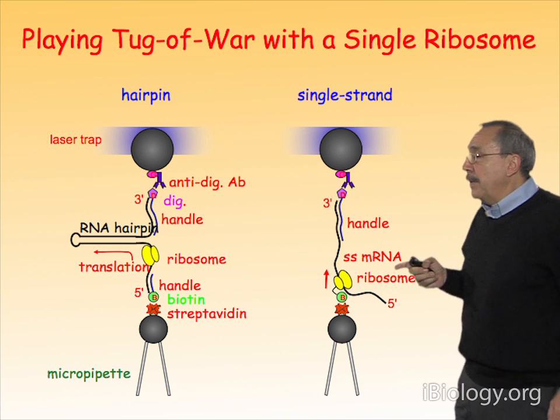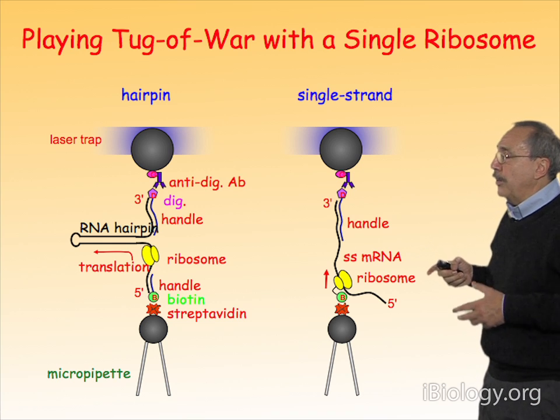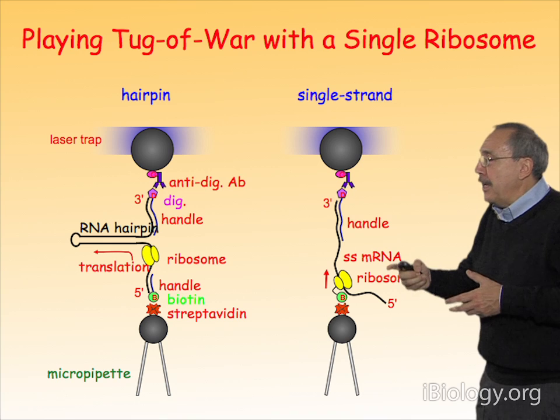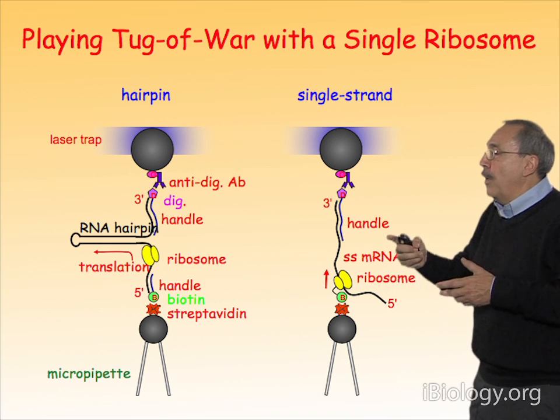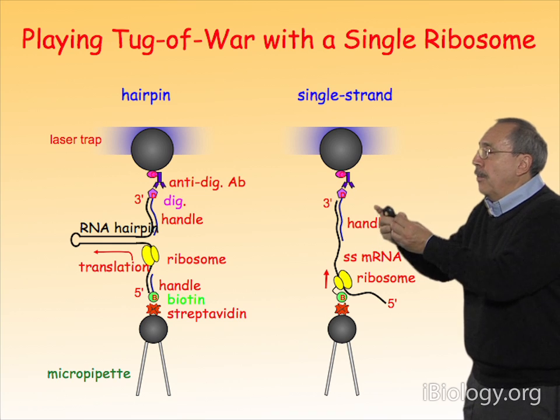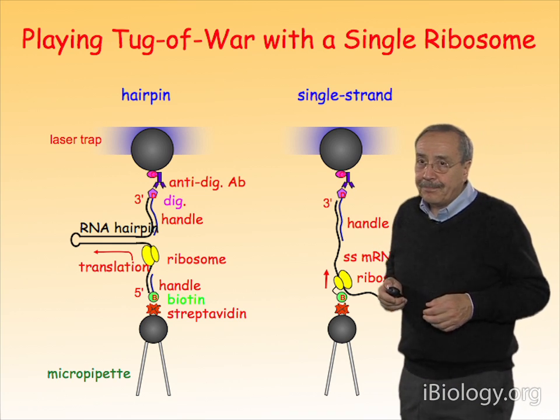So this experiment is a tour de force, because now we are going to try to observe, through this very elastic spring, which is single-stranded RNA, whether we can actually see the individual motion of the ribosome through the messenger RNA as translation occurs.